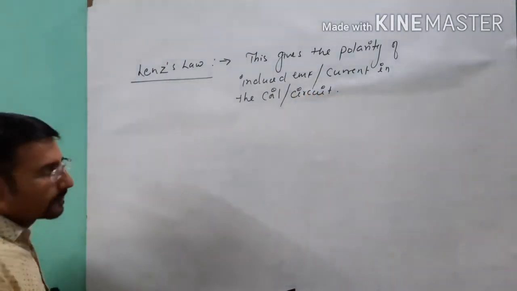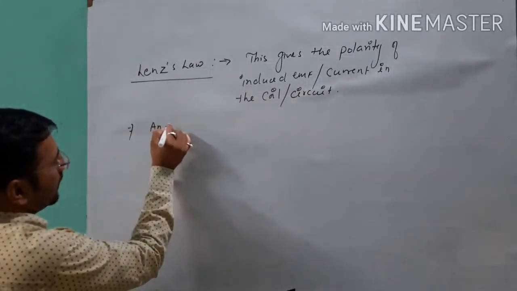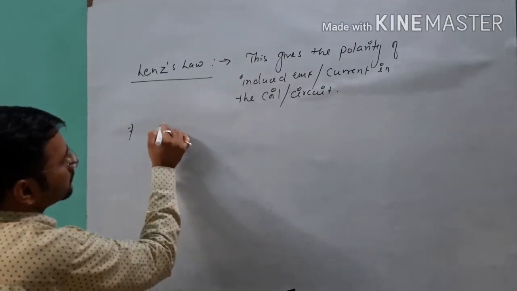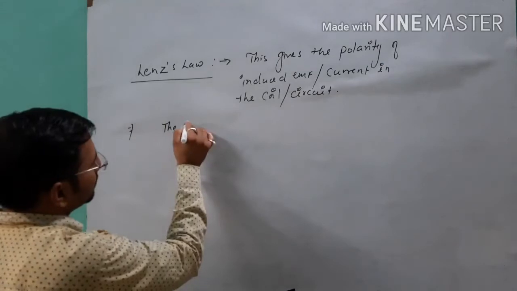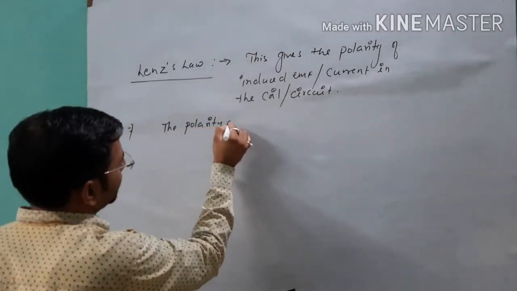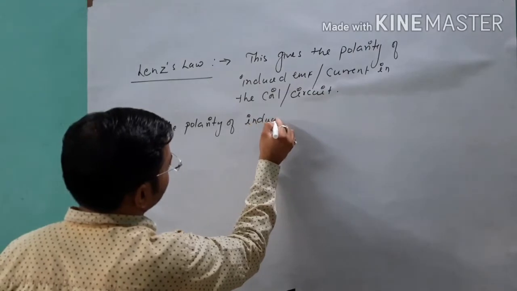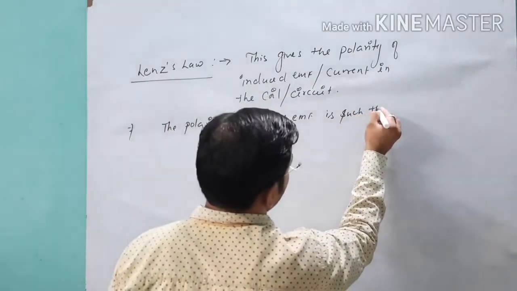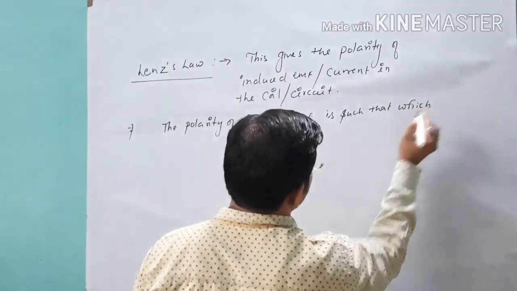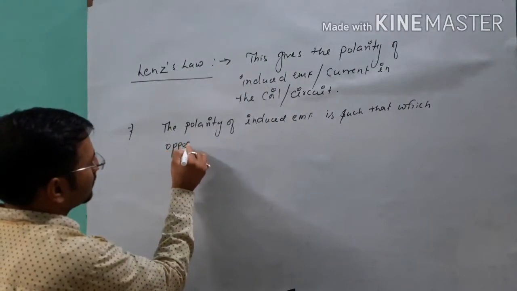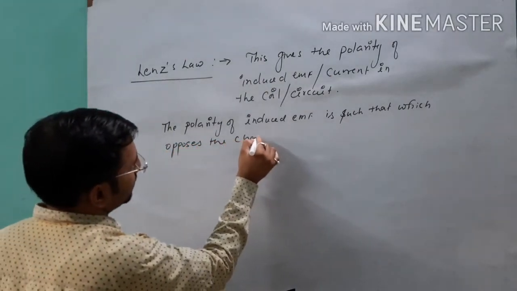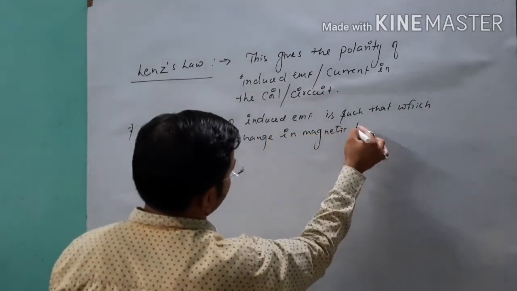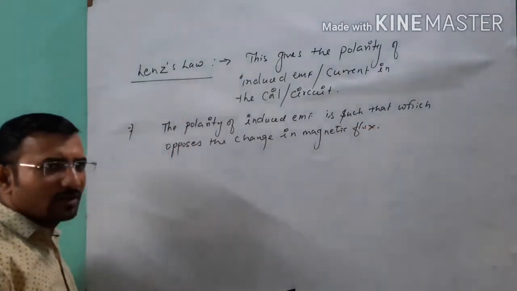So according to this, the polarity of induced EMF is such that it opposes the change in magnetic flux linked with the coil. Point clear? All these things you know.